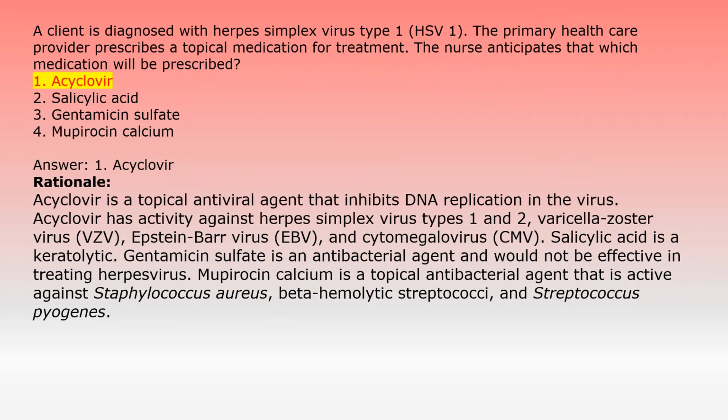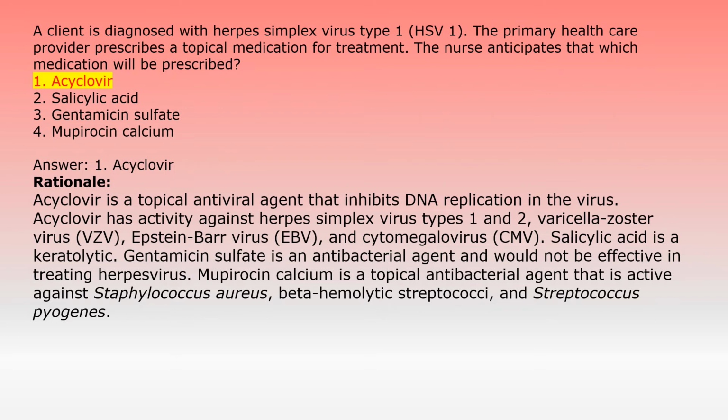Answer. 1. Azelaic. Rationale. Azelaic is a topical antiviral agent that inhibits DNA replication in the virus. Azelaic has activity against herpes simplex virus types 1 and 2, varicella zoster virus, VZV, Epstein-Barr virus, EBV, and cytomegalovirus, CMV.